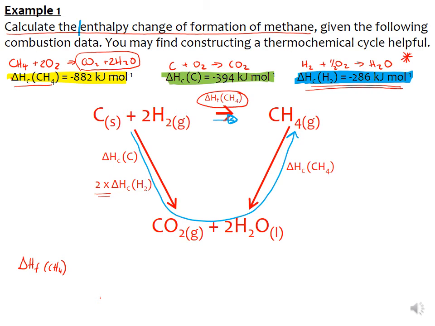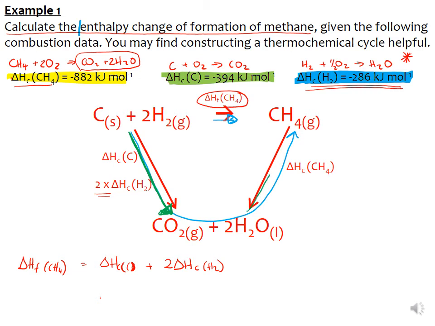So delta HF will be equal to, if we look at this cycle, this arrow here, I'm going to put this in green now, so we're going to go this way first, so it's going to be everything that arrow means. And we can see here that that arrow is delta HC for carbon added to 2 lots of delta HC for hydrogen.